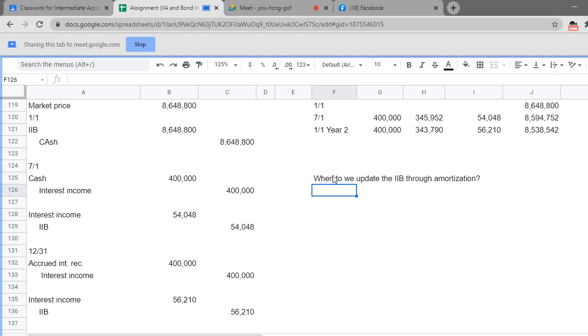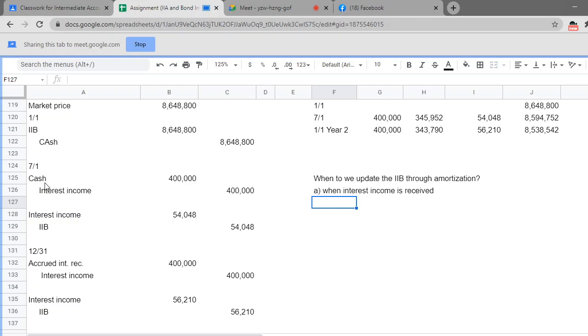So first, you have to record the amortization when interest payment or when interest income is received. Okay? So, every time nga makakollect tag interest income, mag-record ta og amortization sa ato ang premium or discount.